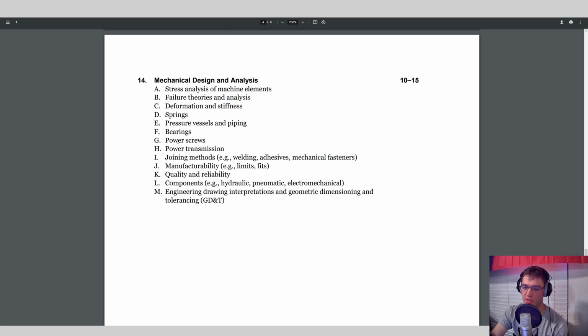Springs, bearings, screws, transmissions, gears, joining methods, manufacturability, quality, and reliability. These are all extra pieces that are going to be in the mechanical world as opposed to the civil world, and didn't seem heavily included in the general exam.